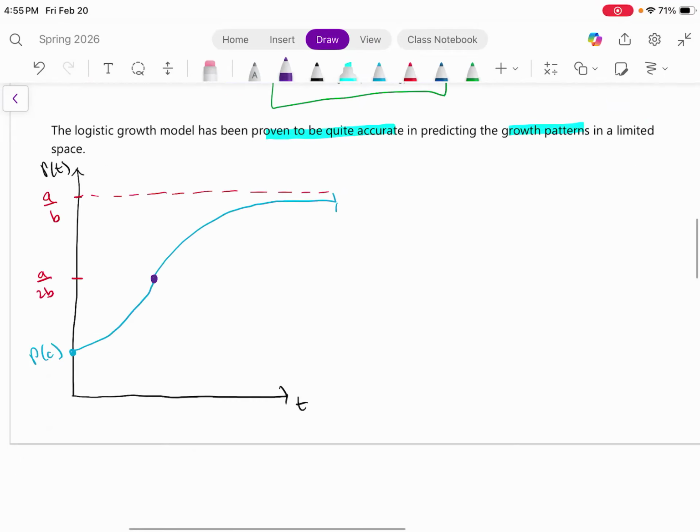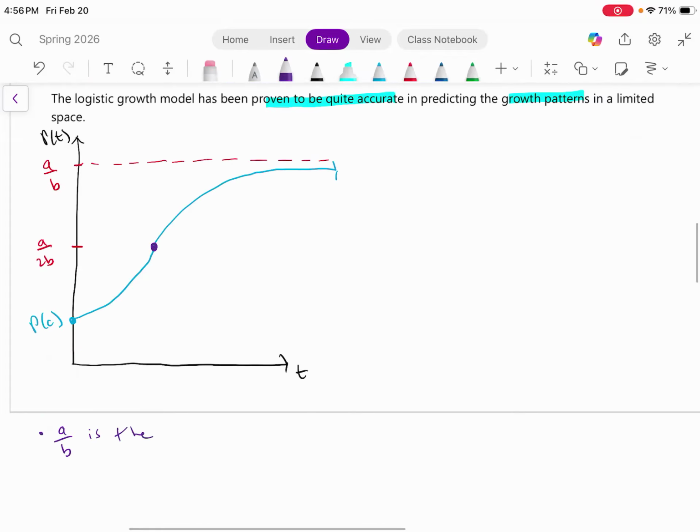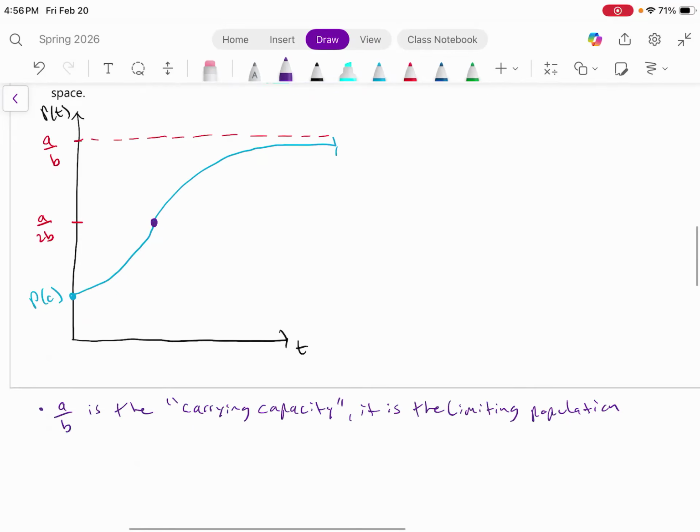So let's make a couple of notes. a/b is called the carrying capacity, and it is the limiting population. It's the most our population will grow to.